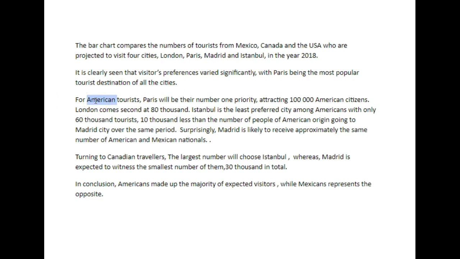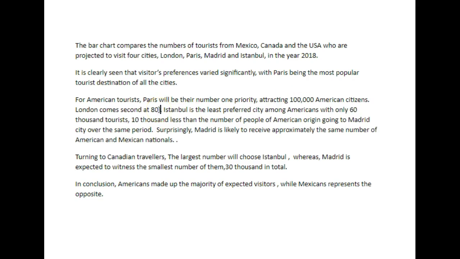Again, try not to speak of their nationality. It really should be tourists from America, tourists from the USA, visitors from Canada, people coming from Mexico. Also, we separate thousands of units with a comma. Once again, citizenship is not stated in the graph. Don't mix the method by which you relay numbers.